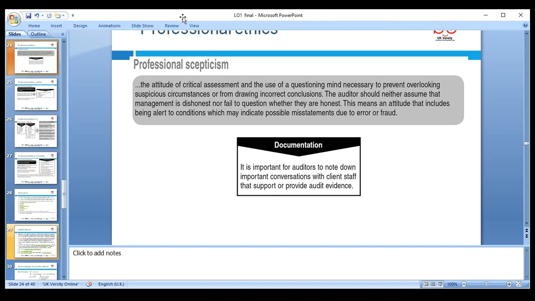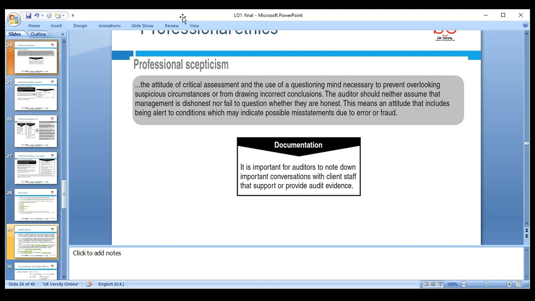Professional skepticism is an attitude of critical assessment. Use a questioning mind to prevent overlooking suspicious observations and drawing incorrect conclusions. Auditors should neither assume that management is dishonest nor fail to question whether they are honest.